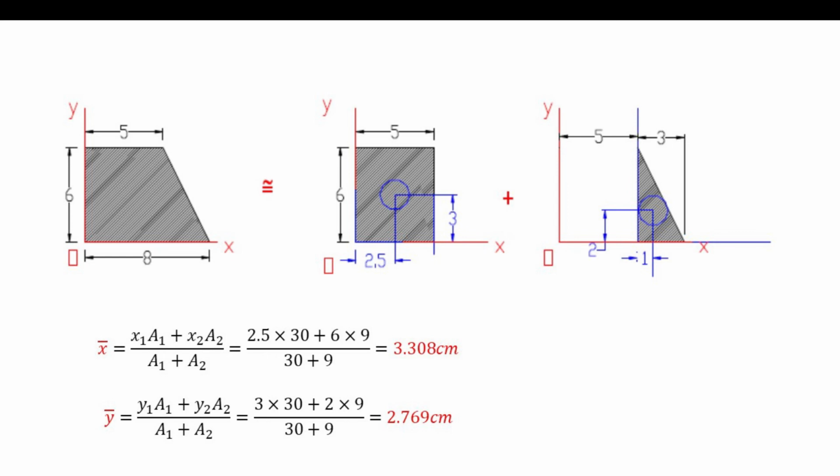For the triangular area, x2, which is the horizontal dimension to its centroid from the origin, is 1/3 times its base dimension plus an additional 5 centimeters, which equals 6 centimeters, and y2, which is the vertical dimension to its centroid from the origin, is 1/3 times its height dimension, which equals 2 centimeters.